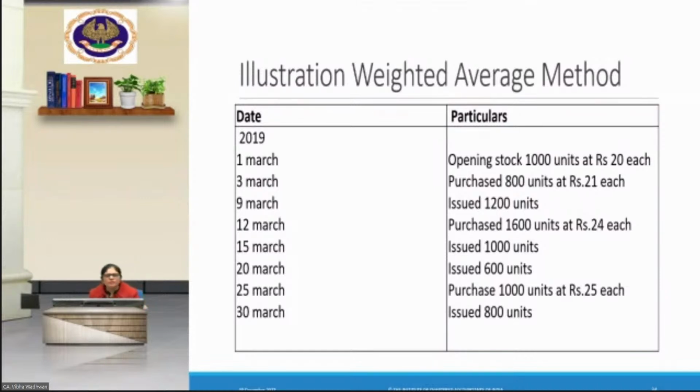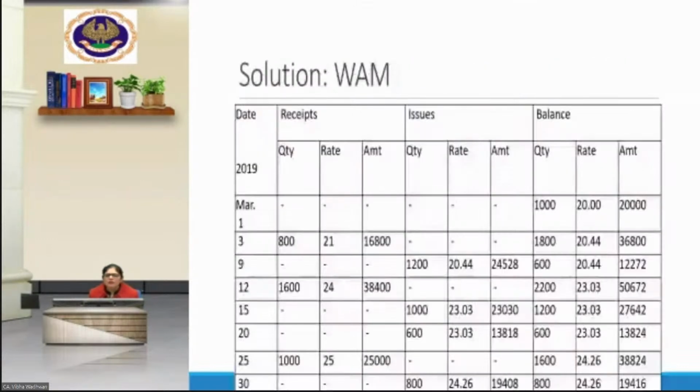So do the question again for this simple average and then find out the stock. All right. For the time being, let us start the weighted average method. Hope you have taken the note of the question.